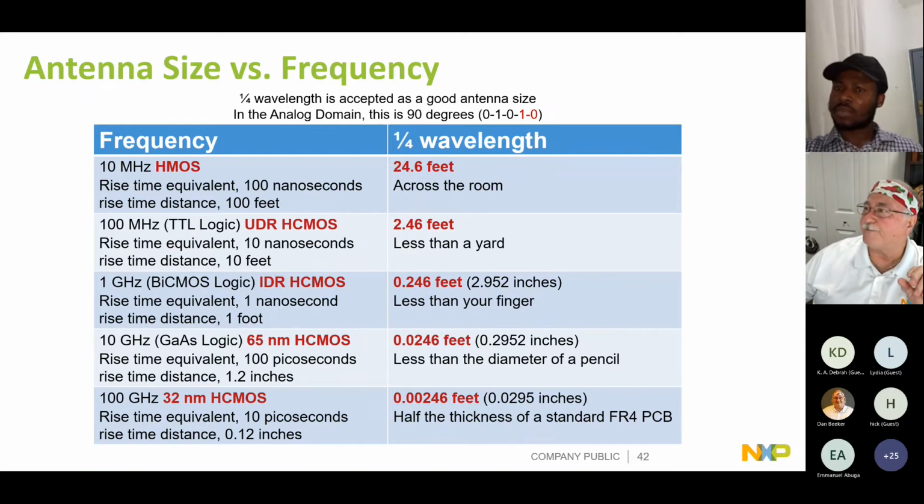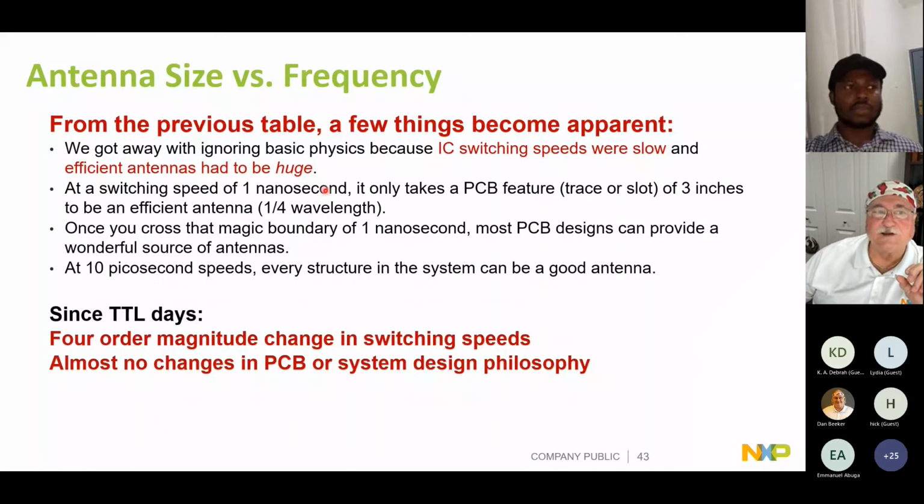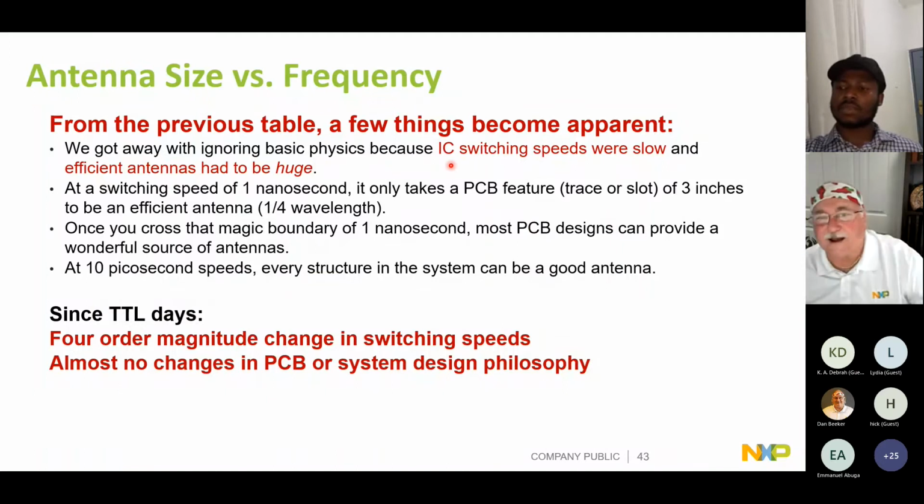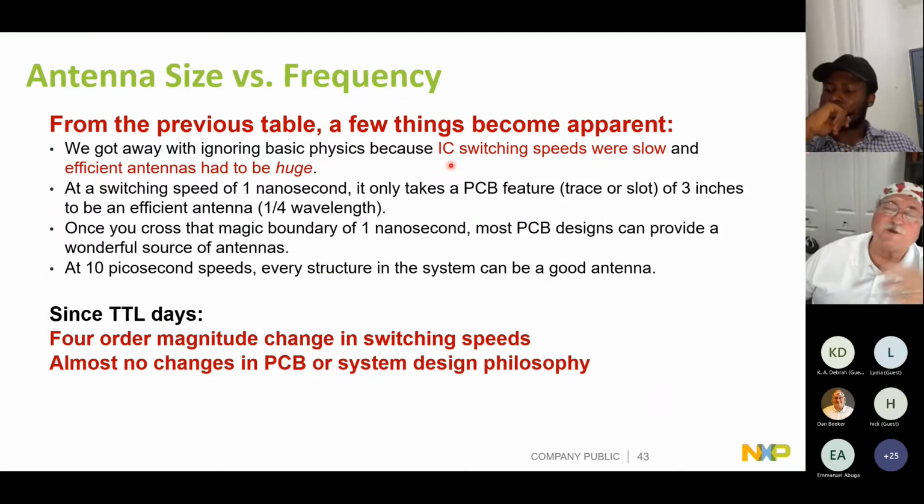That's why things fail. So the idea is that when we created our design guidelines, the antennas had to be huge. They were always so much larger than the systems we use the devices in. As the switches got smaller and smaller and they were switching faster and faster, it's ratiometric.